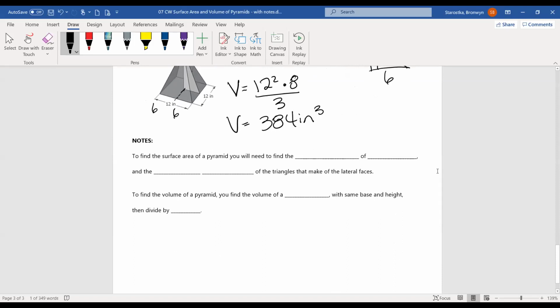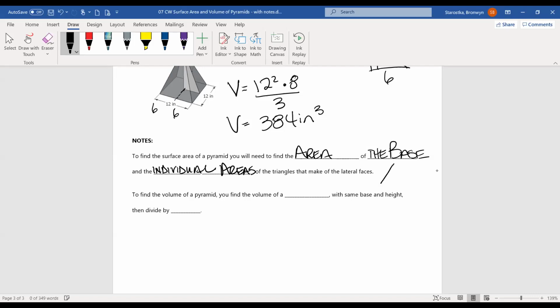So here's some notes to consider. To find the surface area of a pyramid, you will need to find the area of the base, and to do that, you need the individual areas of the triangles that make up the lateral faces.